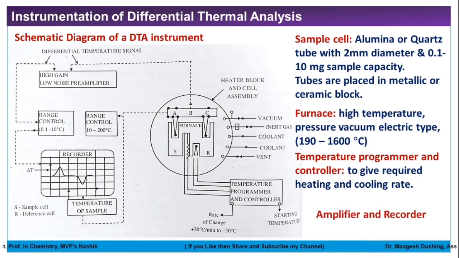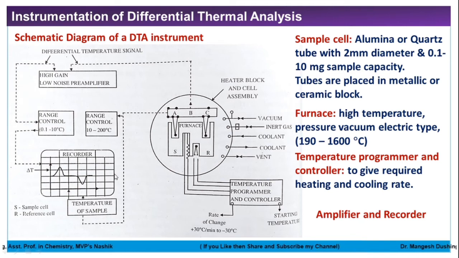Next is amplifier and recorder. So these are the amplifier and recorder. The signal obtained from the thermocouple is amplified. So these are the thermocouples. So the signal obtained from these thermocouples is amplified about 1,000 times by a high gain low noise DC amplifier, which gives it to the recorder.